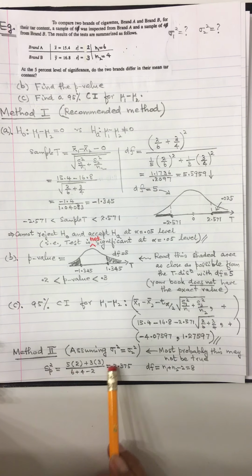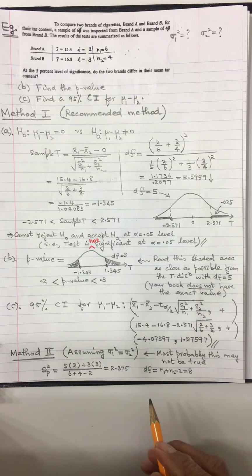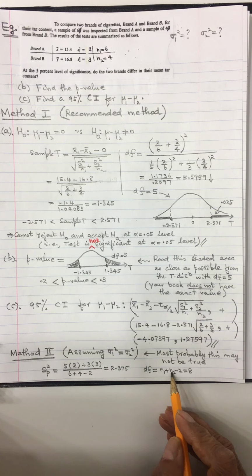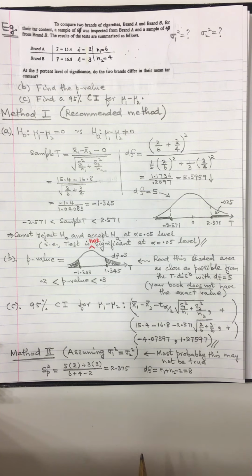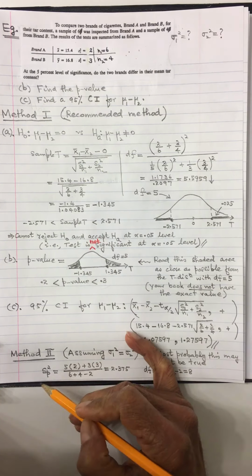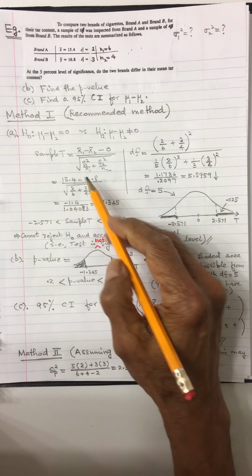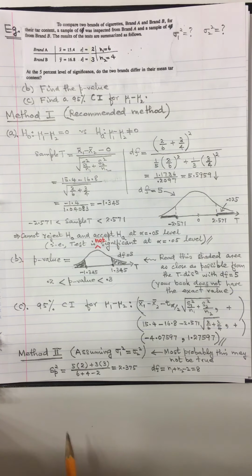Once you get that, the degrees of freedom n1 plus n2 minus 2 is 8. So into this place and this place, you are putting the same value, SP square. That was our formula, see, right there. You are putting exactly the same thing here as well as here, the common estimate.